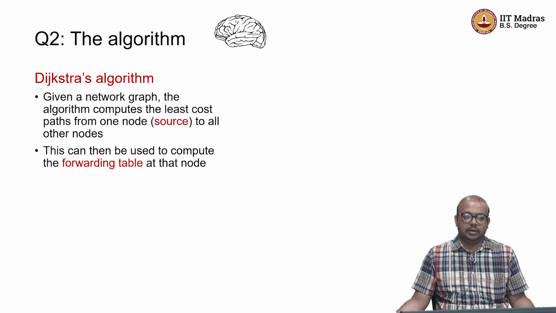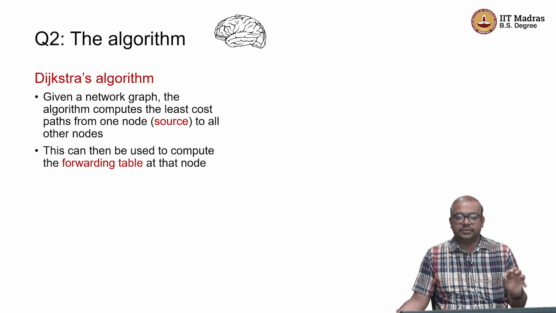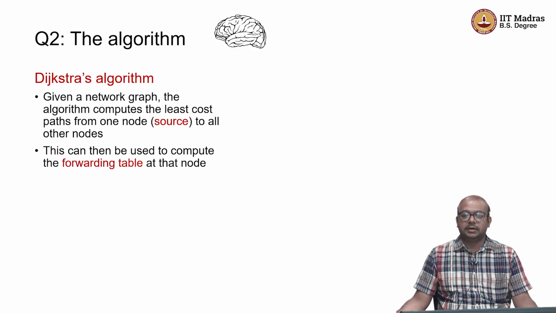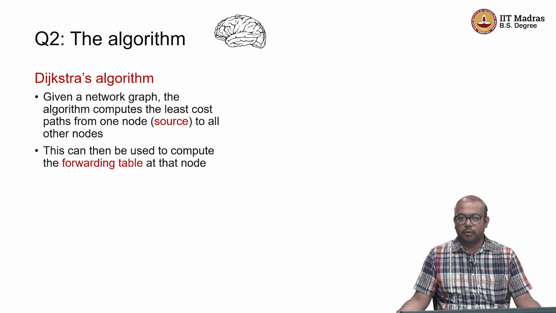Your main task is to populate the forwarding table. What is a forwarding table? When a message comes, I should be looking at the destination, and I should be able to forward the packet to the appropriate router through my appropriate output port.